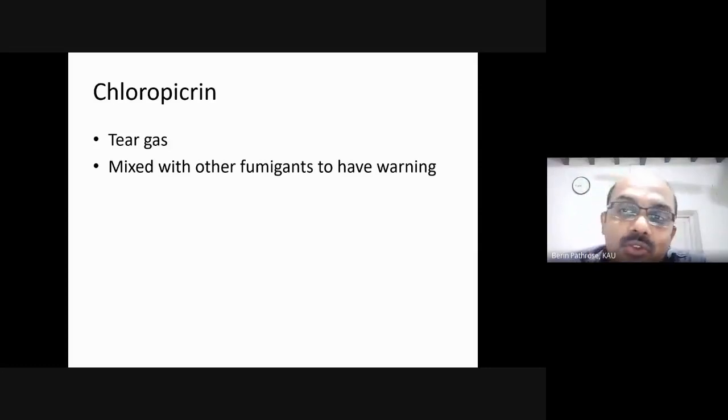If some person enters the fumigated room accidentally, then he will get a burning sensation in the eyes and he will move away. So chloropicrine is added to fumigants to give a warning sensation.